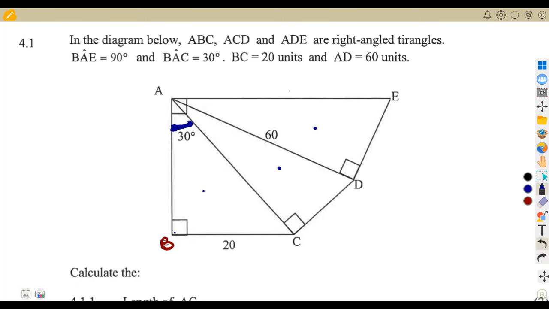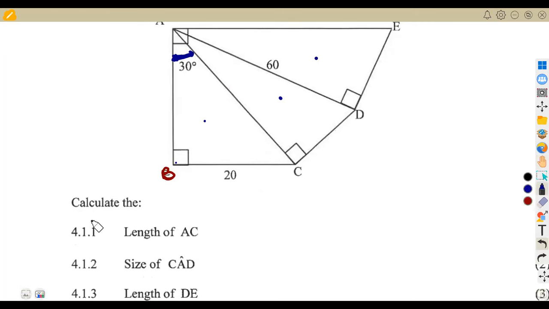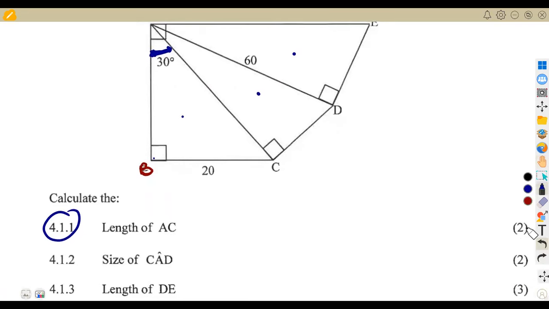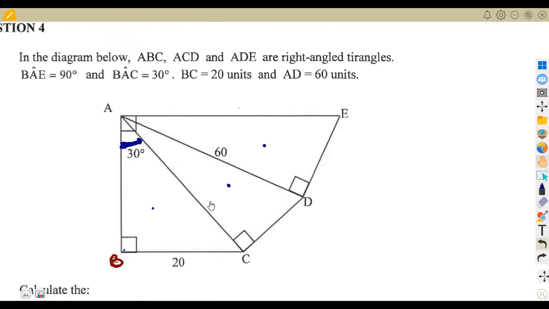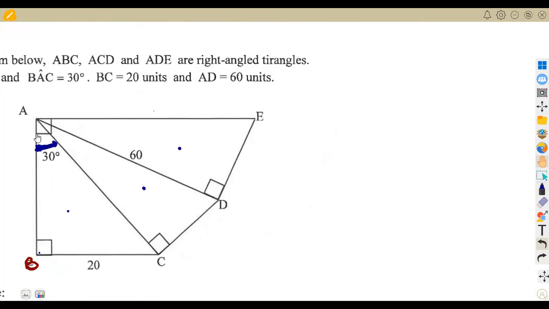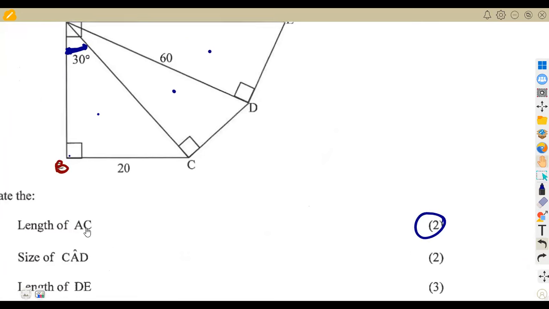All right, then the question is: calculate the length of AC. That is question 4.1.1, to calculate the length of AC, and that is 2 marks. In order for you to calculate the length of AC, we consider the right-angled triangle ABC, because that's where we have the side AC.